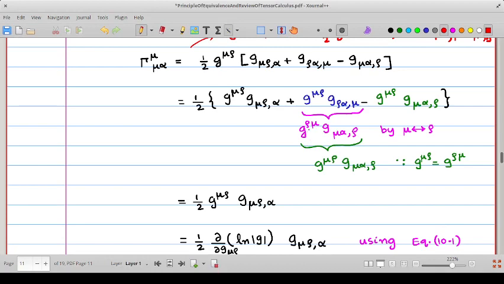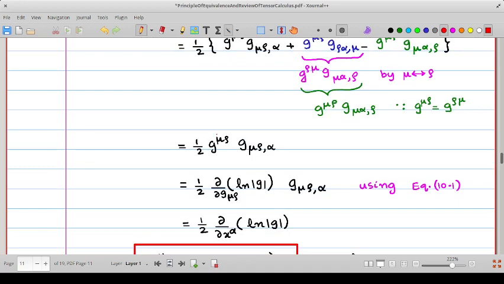But now since g^{ρμ} is equal to g^{μρ}, I can write this as g^{μρ} g_{μα,ρ}. But this is exactly the same as this term. And therefore, this term is cancelled by this term. So the result is Γ^μ_{μα} equals half times only this term, g^{μρ} g_{μρ,α}.